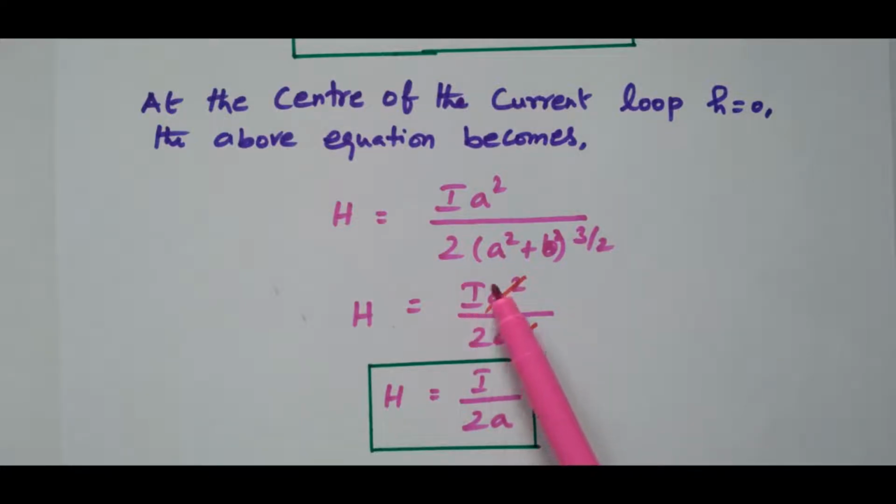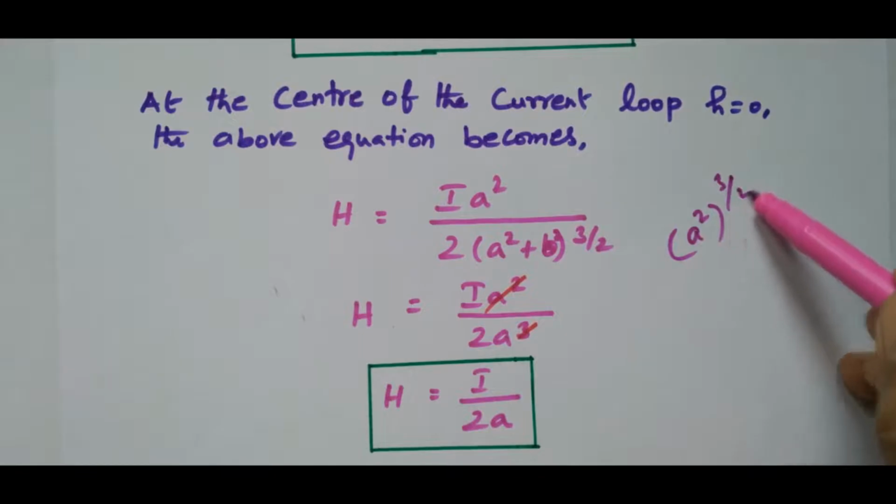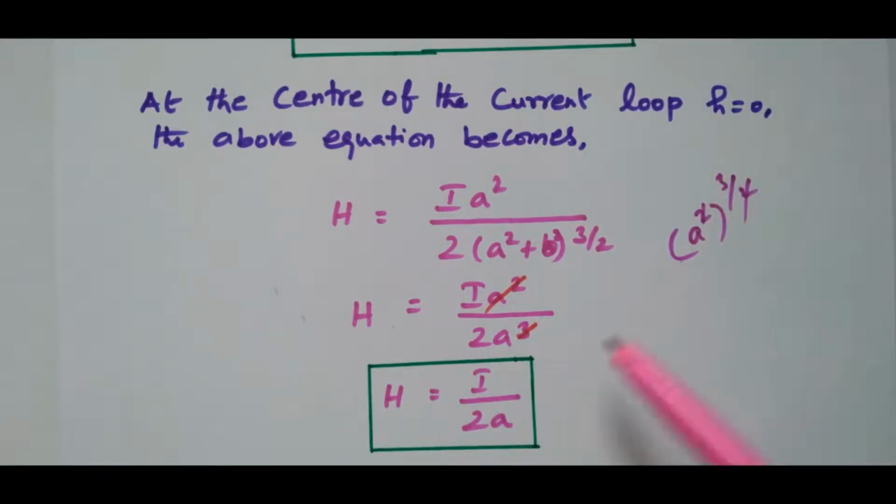So we have A square whole power 3 by 2, which gives A cube. So IA square divided by 2A cube: A square cancels and we have I divided by 2A. At the center of the current loop, the magnetic field intensity is I divided by 2A.